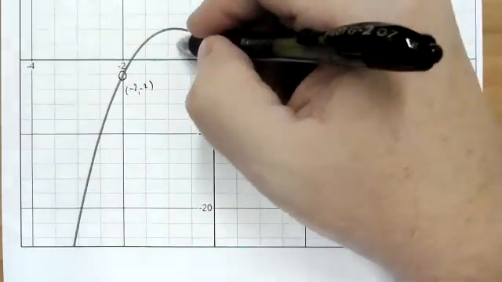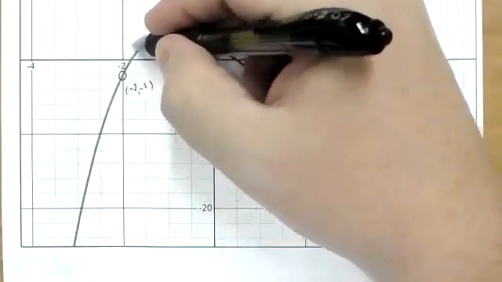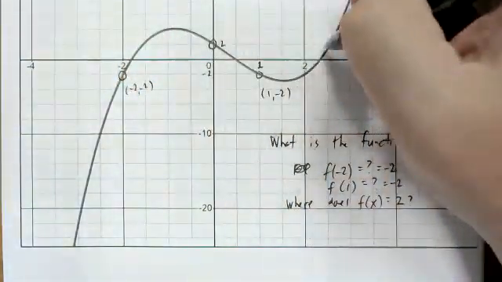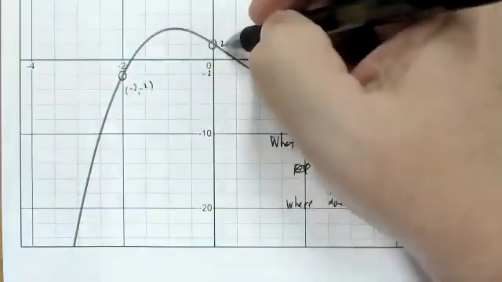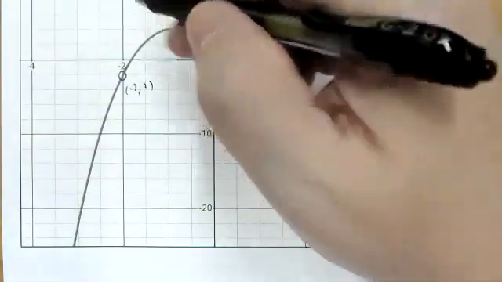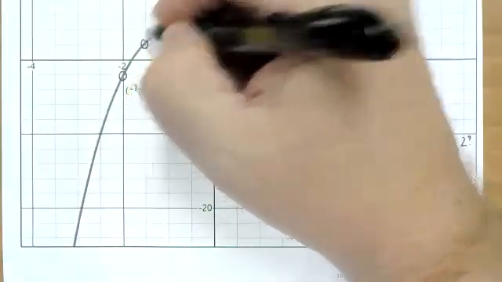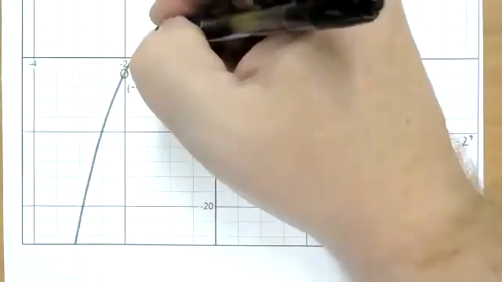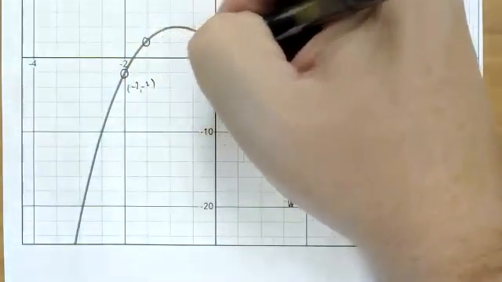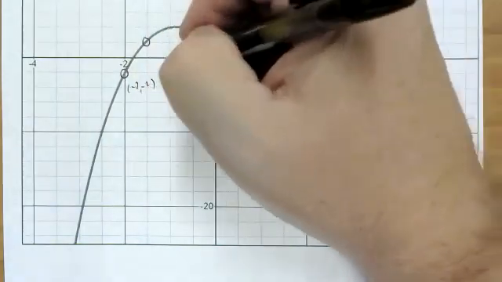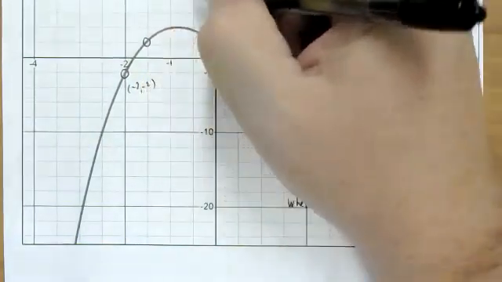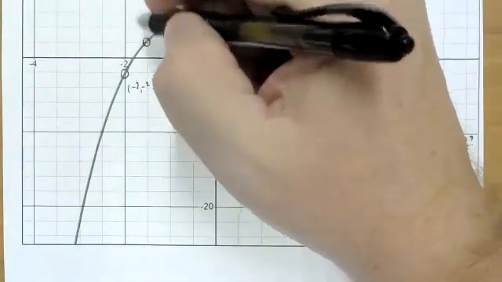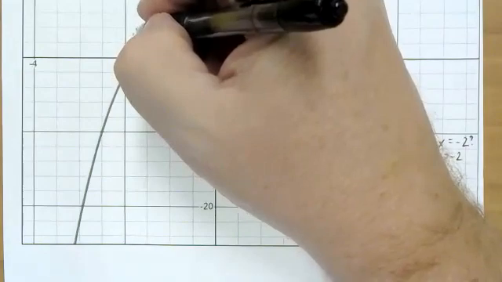But you scan back and forth along the horizontal line where the function is 2, and you see here's another point on the graph. It's a little tricky here. This is -1, -2. This is like -1.5.